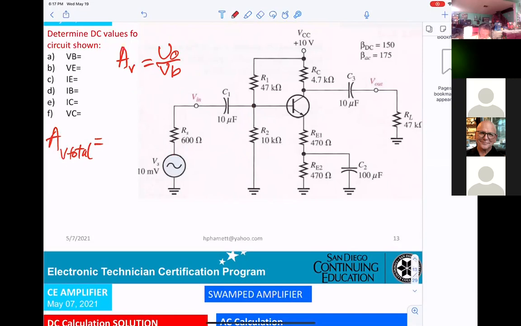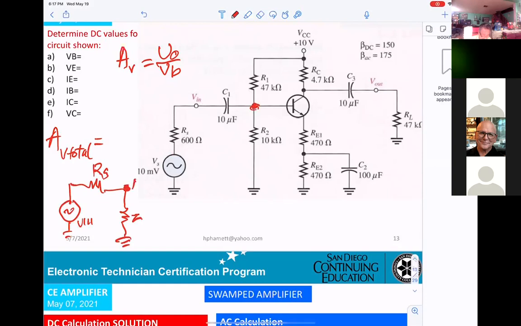Okay, so basically they have to draw it this way, easy for people to understand. This will be S right here, and this will be V in right here, and this will be some resistance. We have to do the calculation. You get the gain at this point right here.